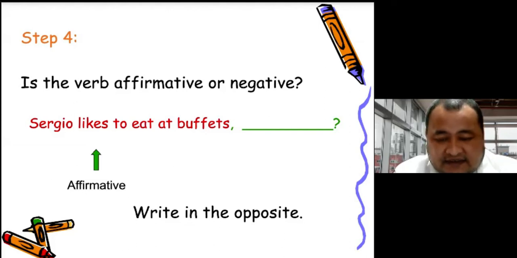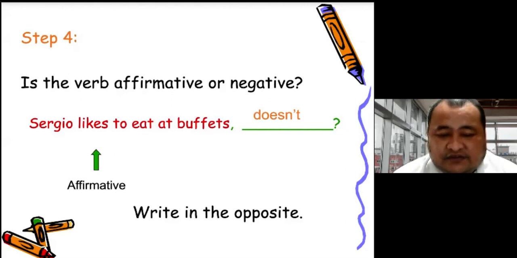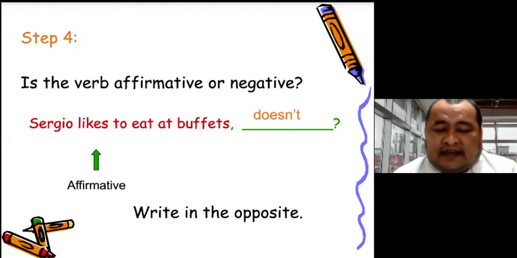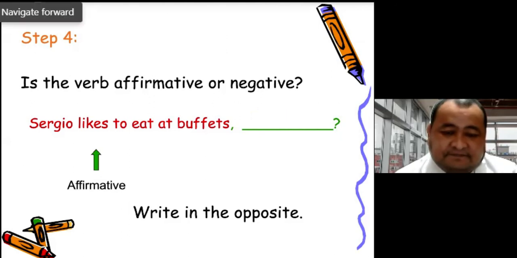Because the sentence is positive, the tag question is negative. Because it is present, the auxiliary is do or does. Because the subject is Sergio, we use does. And because it has to be negative, it becomes doesn't.